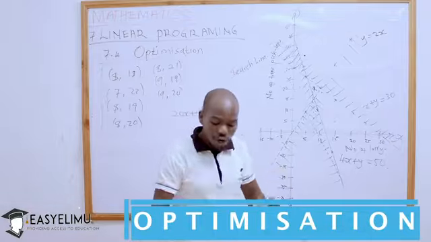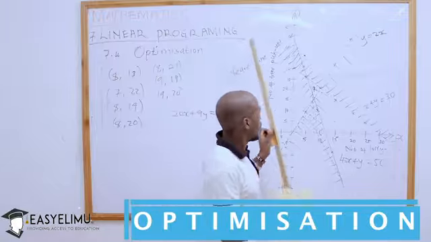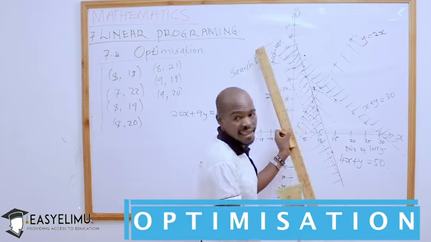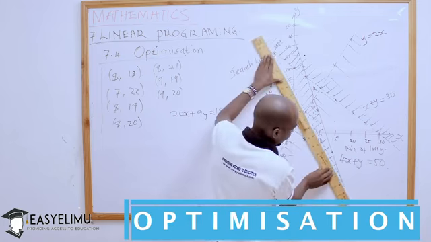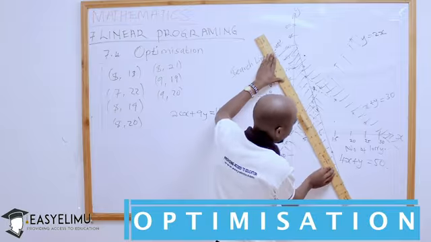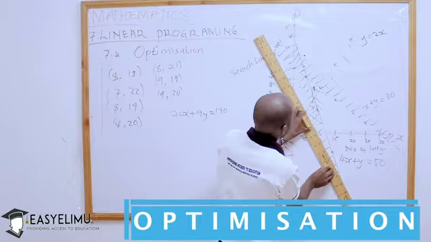If you have one of them, you use your ruler and place the ruler on the search line this way. This is my search line. You place the ruler on that search line, so it is parallel to the search line.